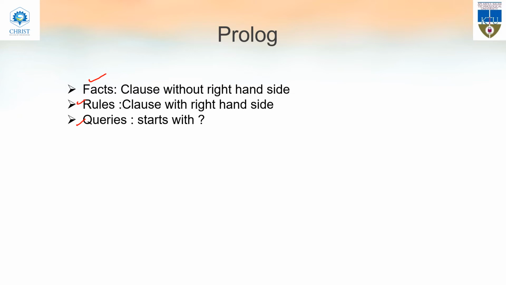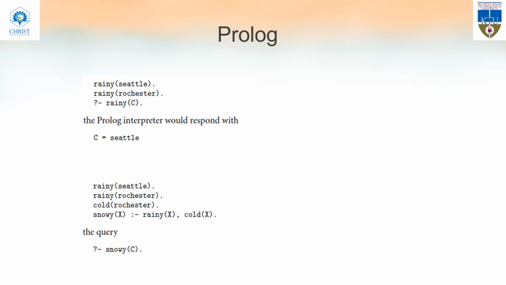Rules are clauses with a right hand side. Queries will start with a question mark. Okay, so all these things, I think you understand. If not, you will understand if we look at an example. Okay, so this is logic programming. So listen here. If I am asking rainy in bracket Seattle.